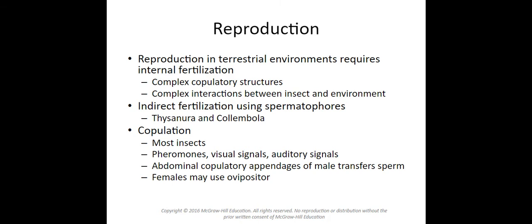For copulation, again, they don't have a penis, but there is a copulatory appendage, a modified limb that will transfer the sperm. And then females often, not always, have something called an ovipositor. As you're collecting, especially your crickets and your grasshoppers, you may notice some of them have something that looks like a piece of a stick sticking out of their butt, a little brown piece of wood that kind of curves up.